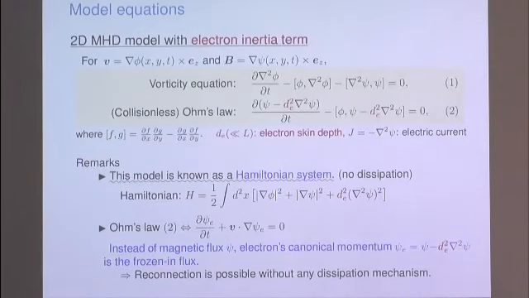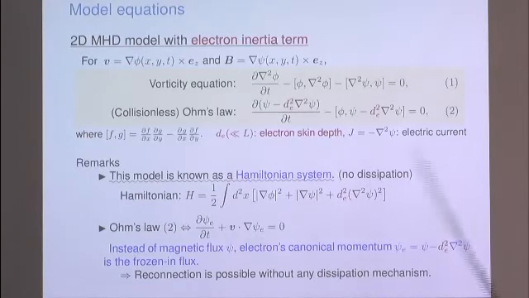We can find that this Ohm's law can be rewritten like this by defining a special function, psi e, like this. Physically, this represents the electron's canonical momentum. By defining this psi e, we can easily see that this equation, Ohm's law, is nothing but the convection of the electron's canonical momentum.